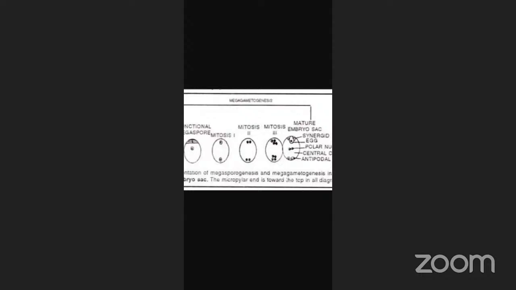So another one is the Plumbago type. Haberlandt in 1934 reported this type of embryo sac in Plumbago capensis. It undergoes another division, resulting in four free nuclei arranged in four pairs.